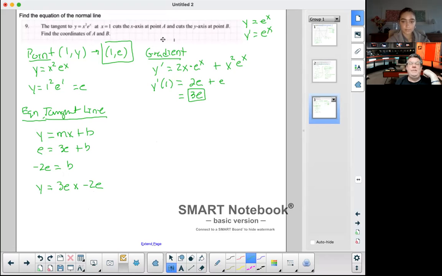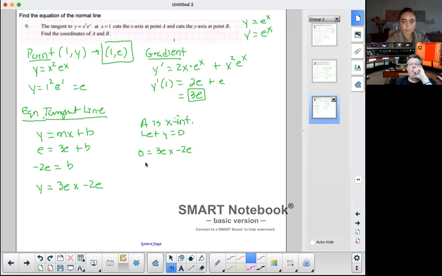Okay, so now it cuts the x-axis at point A, right? Yeah. So that's the x-intercept. So y is 0. So A is the x-intercept. Let y equals 0. So then 0 equals 3ex minus 2e. Is that right? Yeah.